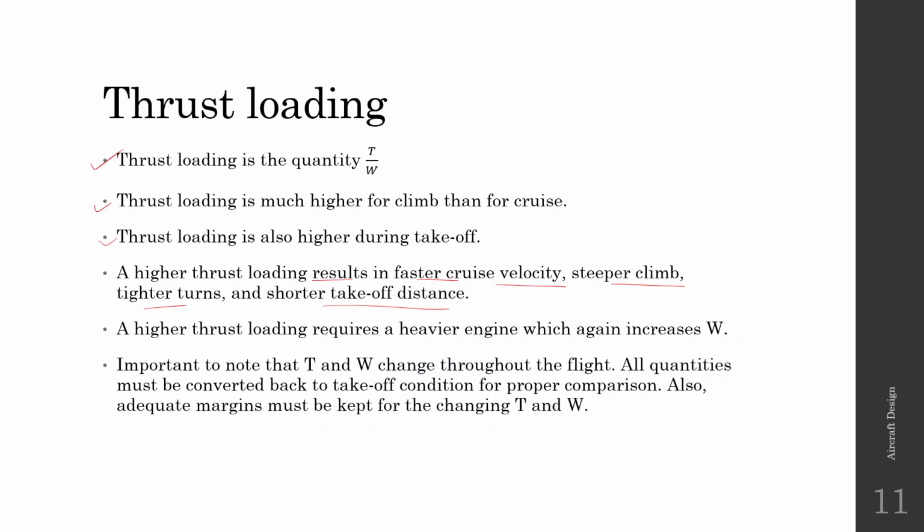Whereas the passenger aircrafts we travel in have a lower T by W. So the fighter aircrafts have high T by W, whereas our passenger aircrafts have a low T by W. So they are more sluggish basically. The fighter aircrafts are more maneuverable, whereas the passenger aircrafts are more sluggish.